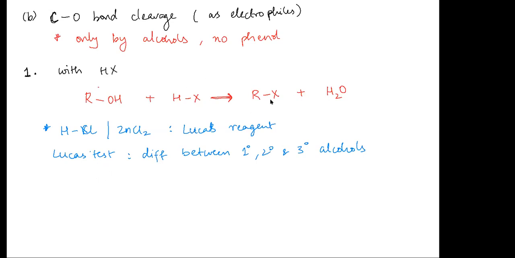So the actual test is that when you have RX being formed, in Lucas reagent, alcohols are usually soluble, but alkyl halides are insoluble. So the basis of the test is that ROH is soluble in Lucas reagent, but RX is immiscible.